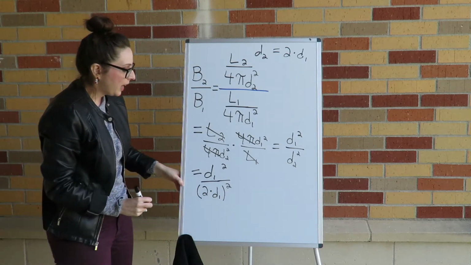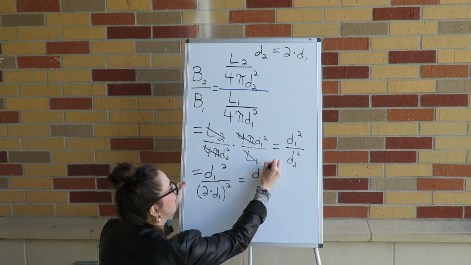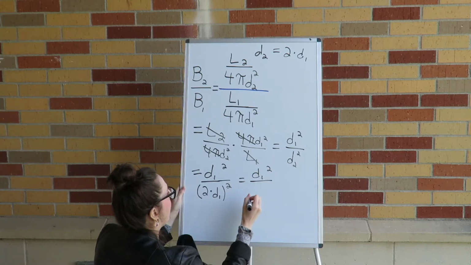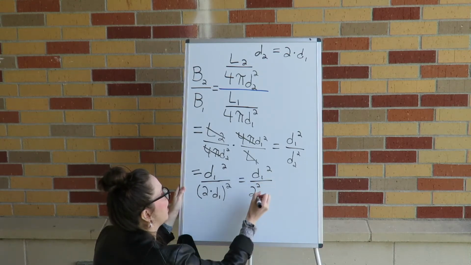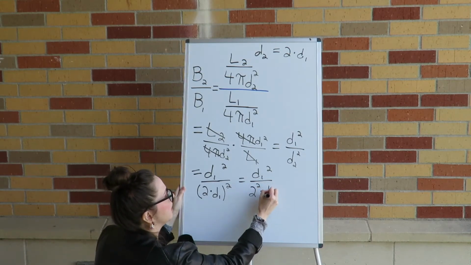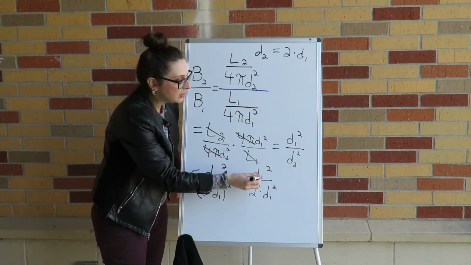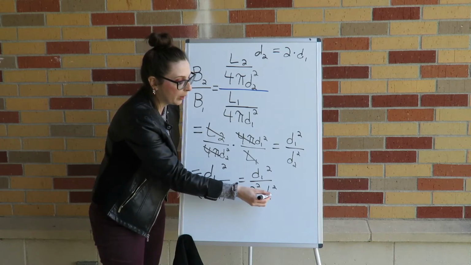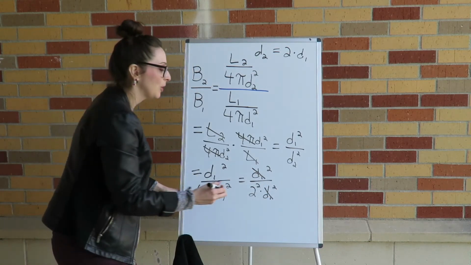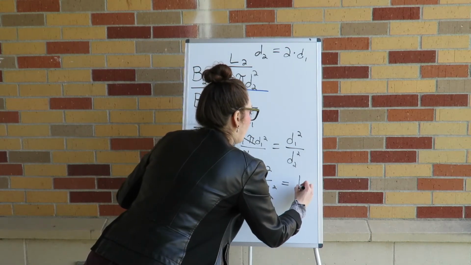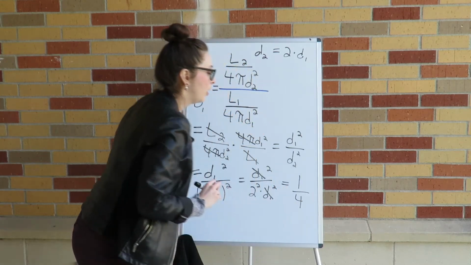Now, this is again equal to d1 squared divided by 2 raised to the power of 2, times d1 squared. So we see that we've got d1 squared on the top and d1 squared on the bottom, so those cancel. So we're left with, finally, just 1 over 2 squared, which is 1 over 4.